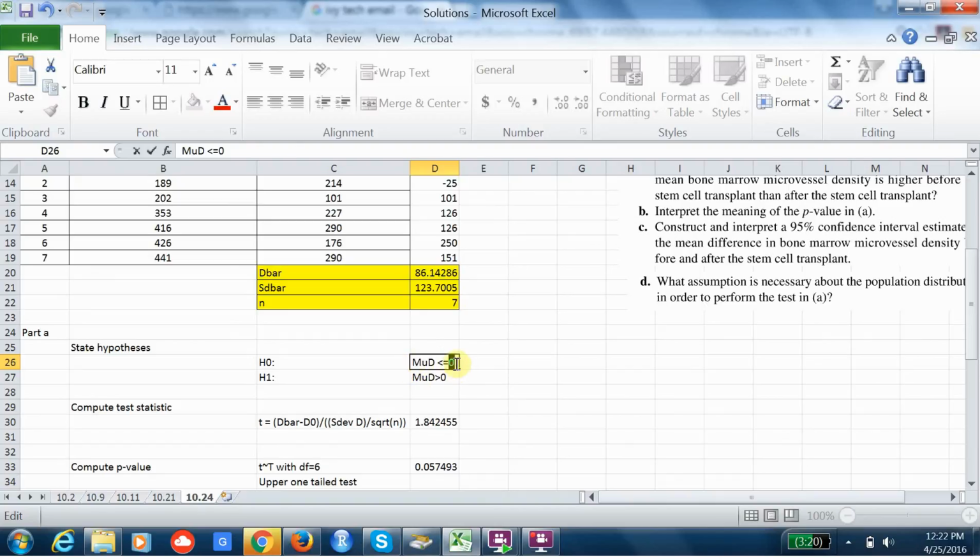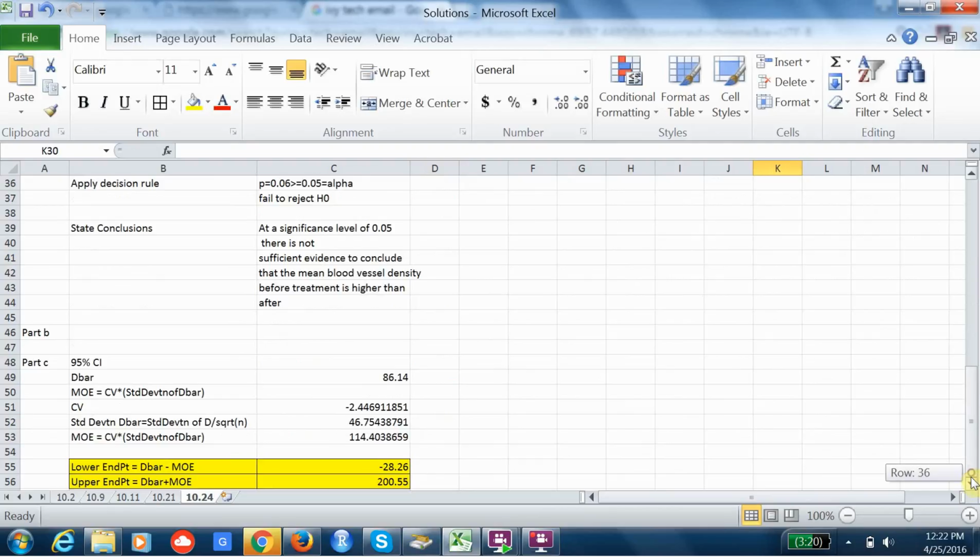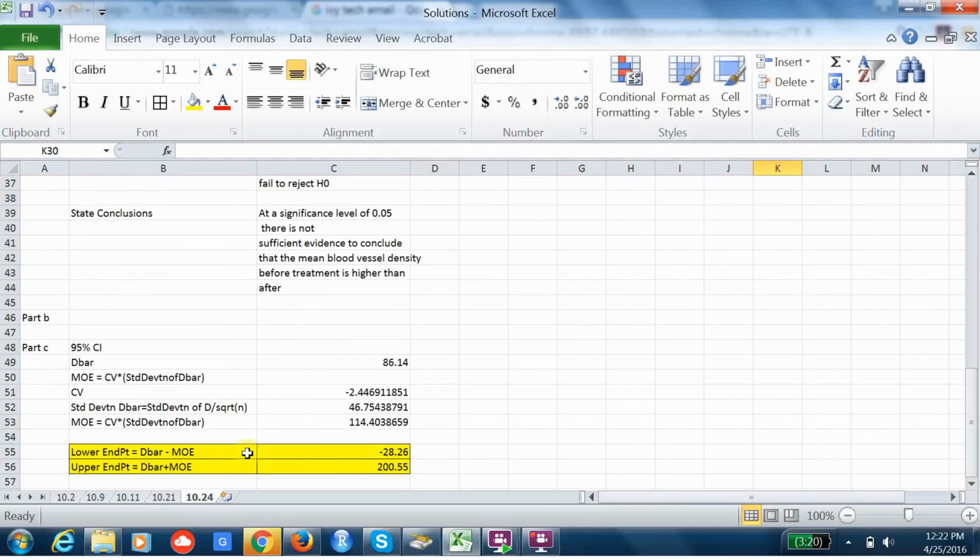It's an actual number. That number has to be in the confidence interval. So when we fail to reject, the 0 has to be in here, and we see this. If we hadn't, we would know we had done something wrong, and we'd have to go back and check things out. Okay, that's all for the last problem.